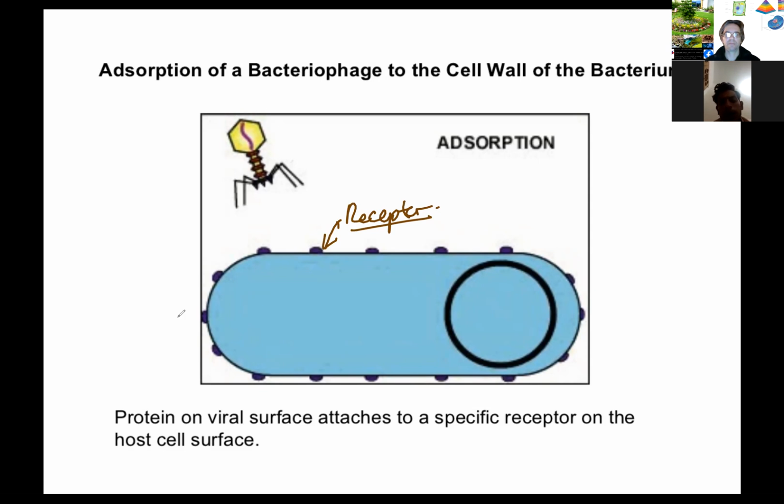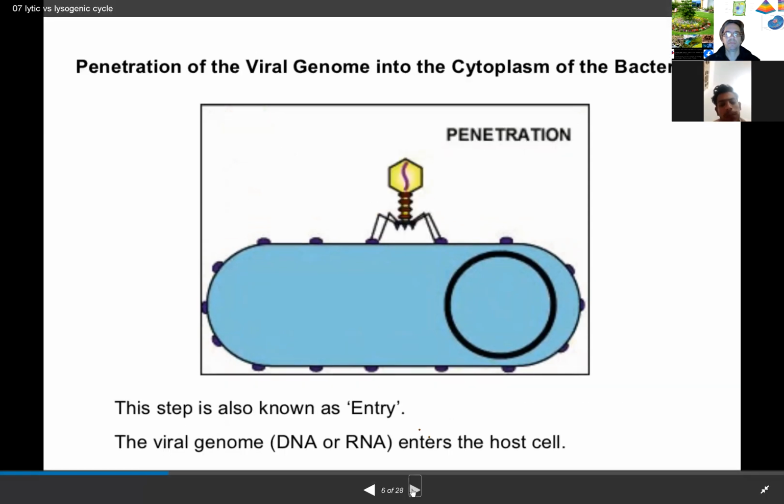The attachment of bacteriophage with bacteria is called adsorption. The next step will be the penetration. The bacteriophage will penetrate the wall of bacteria. It has an enzyme known as lysozymal enzyme. Through this lysozymal enzyme, it will digest the wall of bacteria.